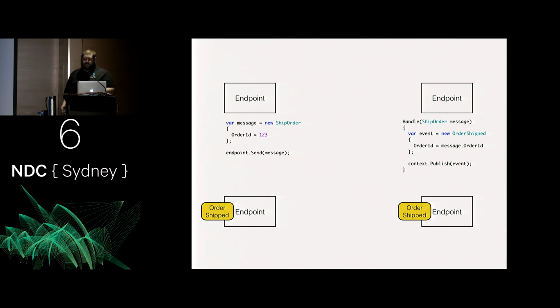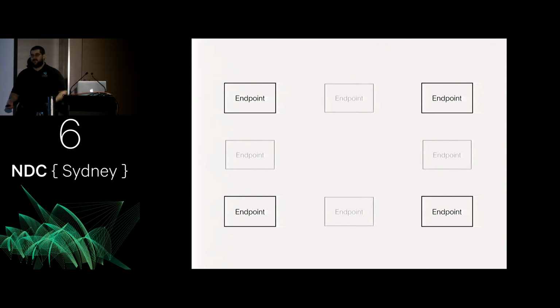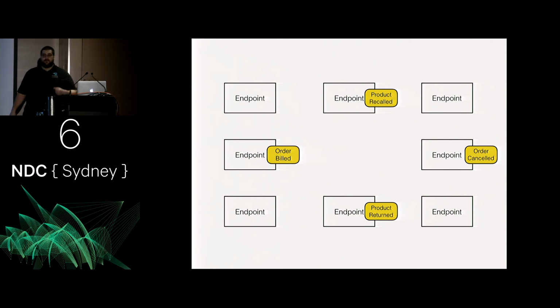So applications built this way, systems built this way, tend to be very flexible, very fluid, because it's really easy over time to add new endpoints that are publishing new messages and publishing new events and subscribing to existing events, and then you add still more endpoints, and they're subscribing to a subset of those events, and they're all publishing their own events. And what you get is a sort of emergent architecture, where over time you have this soup of events and endpoints, and the infrastructure is making sure that everything continues to work.